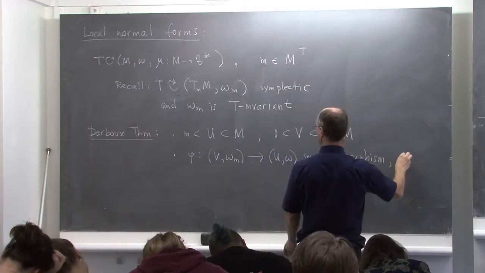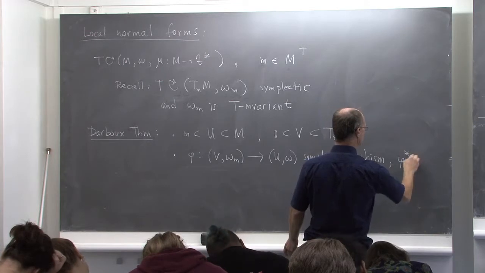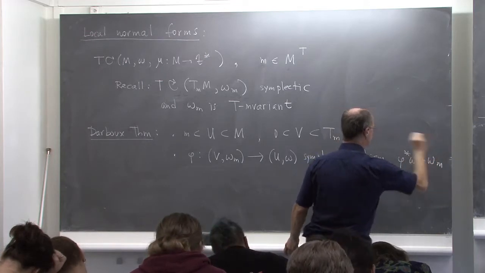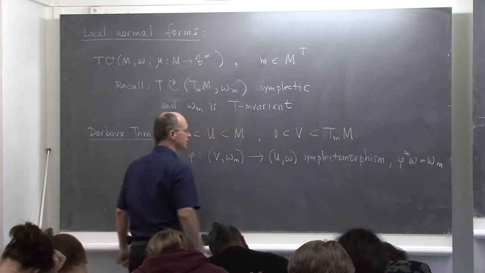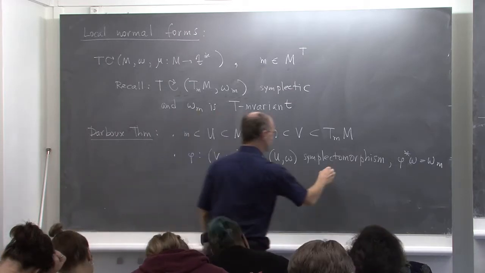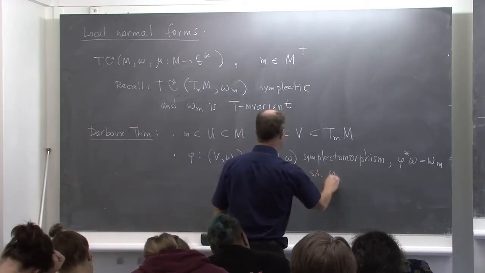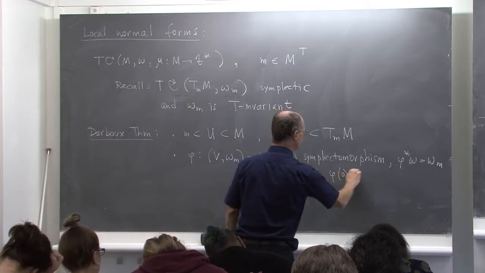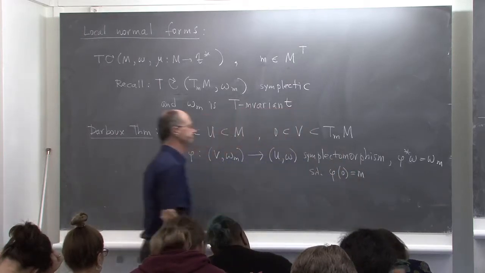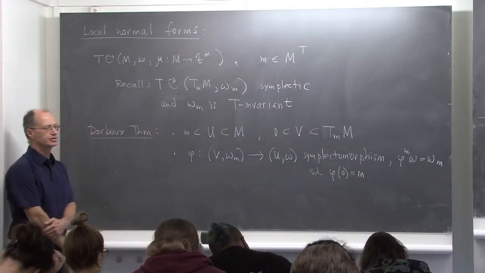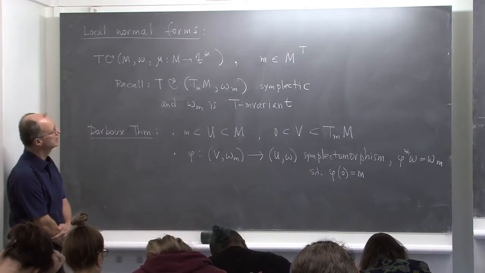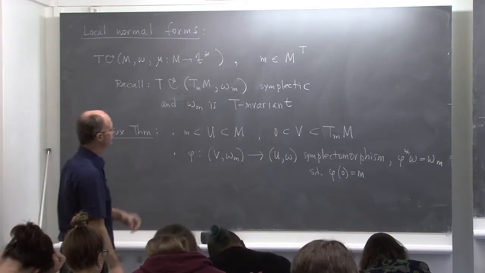So phi star omega is equal to omega m, such that phi of 0 is m. Right? So this was the statement of Darboux's theorem.